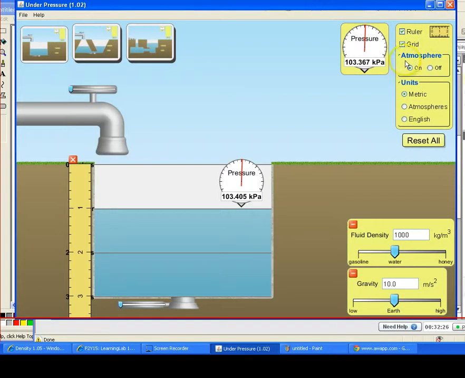Oh dear, sorry, this is not working. So can we just go back to the classroom page again? Let me do the calculation. Okay, both of you have got it, so that's fine.